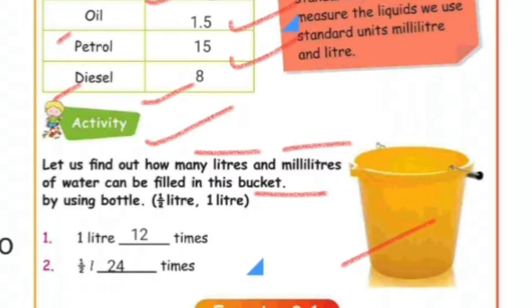So let us see how many liters it requires to fill the bucket. Now this bucket has a capacity to fill 1 liter 12 times, that is it will contain 12 liters, or half liters, that is 24 times.